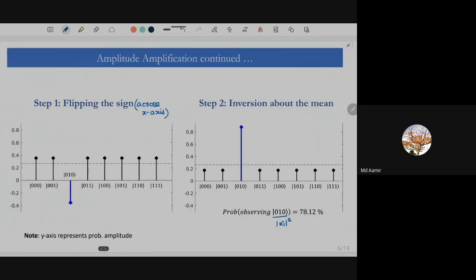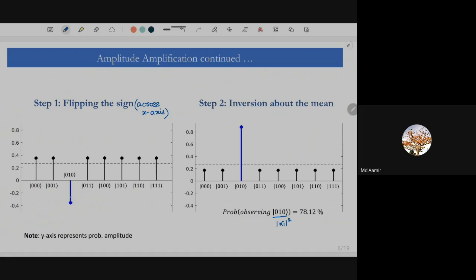But now we have to amplify the probability for when we perform the measurement, because we can't access the amplitude of a quantum state directly; we have to perform a measurement and see. So to observe only this solution 010, we have to increase the probability of observing 010 somehow. That's what we are doing here. The first step is again flipping the sign.